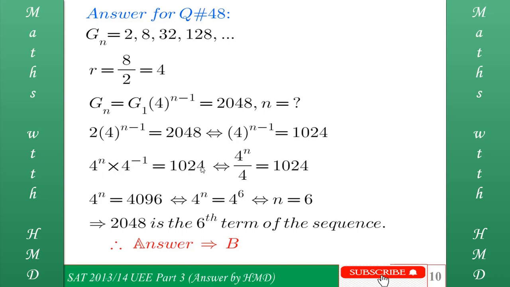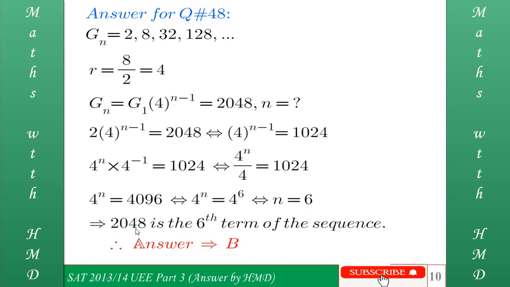Again, 4 to the power of n minus 1 implies 4 to the power of n times 4 to the power of negative 1 is equal to 1024, and this implies 4 to the power of n over 4 is equal to 1024. Then just multiply both sides by 4 and it becomes 4 to the power of n is equal to 1024 times 4, which is 4096, and this implies 4 to the power of n is equal to 4 to the power of 6. 4 to the power of 6 is exactly equal to 4096.